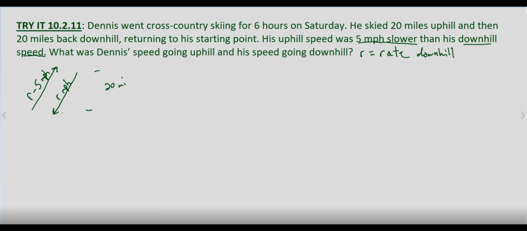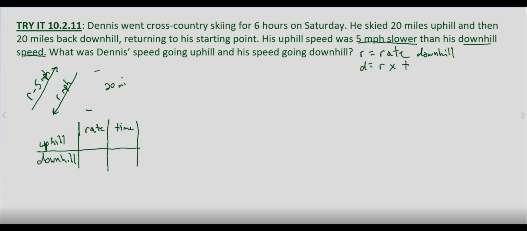So now we'll set up our chart. Remember, this is uniform motion, so we're looking at distance equals rate times time. So we'll have uphill and downhill, and we're looking at rate times time equals distance.